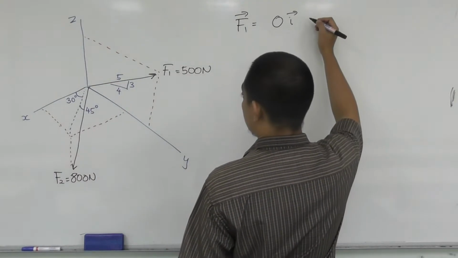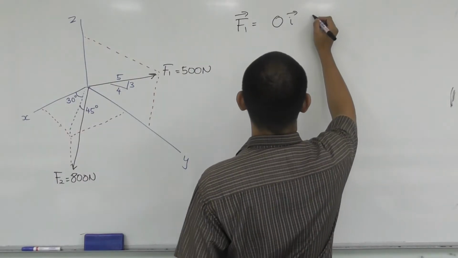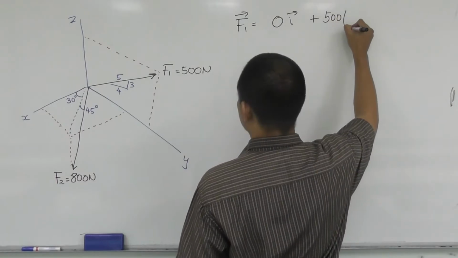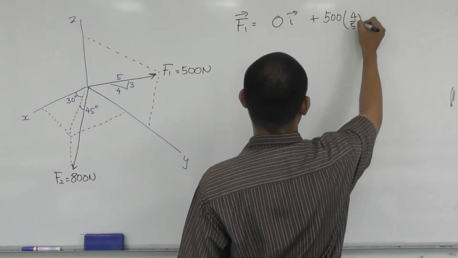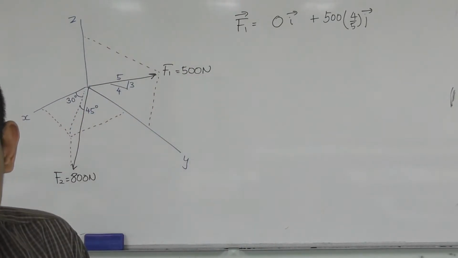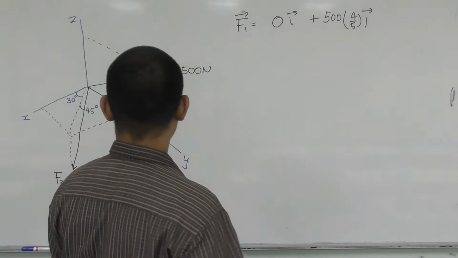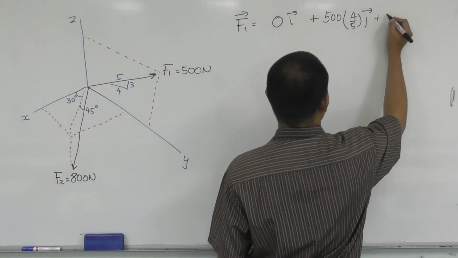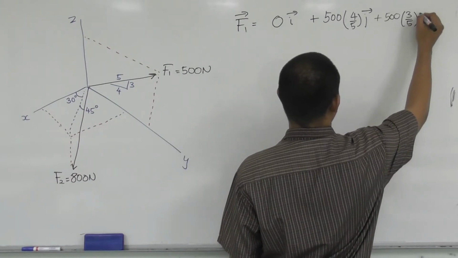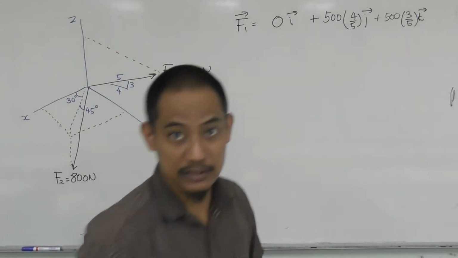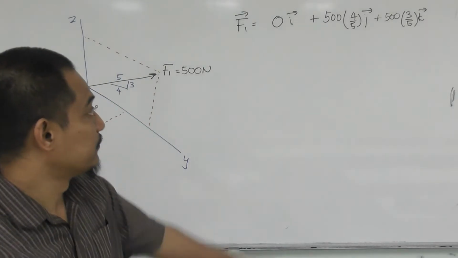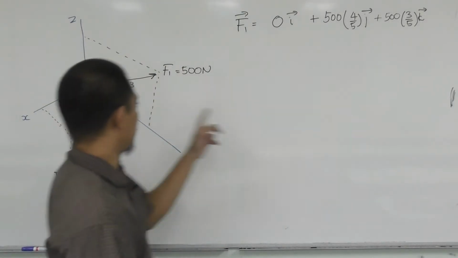It's positive Y, so positive 500 times 4 over 5 j. And for k is plus 500 times 3 over 5 k. Okay, right. So that's this one.